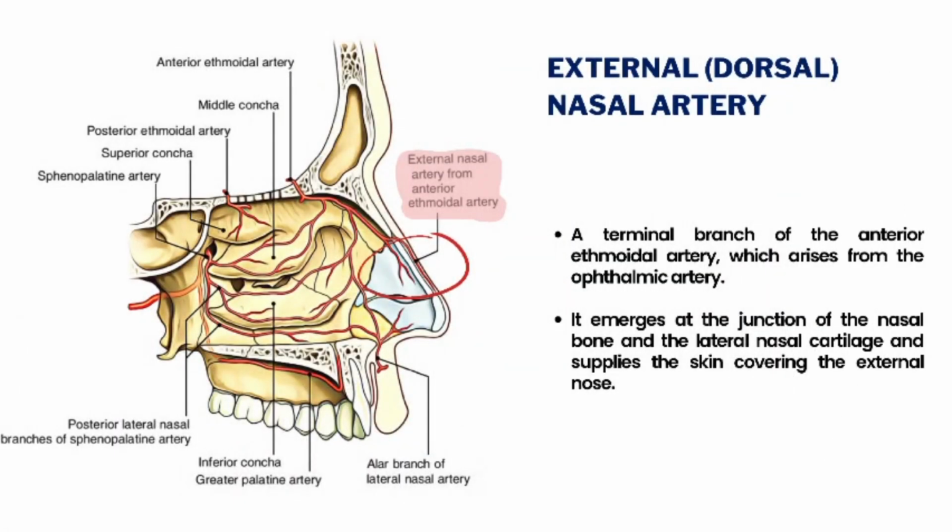Lastly, the external nasal artery. It is a terminal branch of the anterior ethmoidal artery which arises from the ophthalmic artery. It emerges at the junction of the nasal bone and the lateral nasal cartilage and supplies the skin covering the external nose.